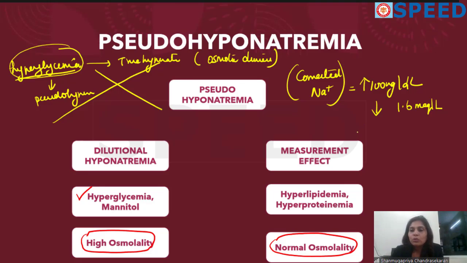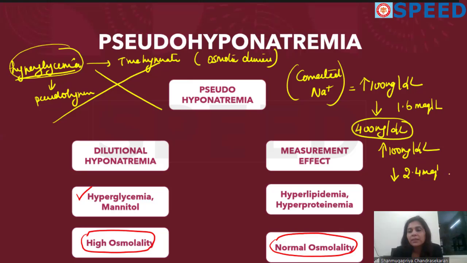And if the glucose is more than 400 milligram per deciliter, for every increase in 100 milligram per deciliter of serum glucose, sodium will be decreased by 2.4 milliequivalents per liter. Do you understand this?